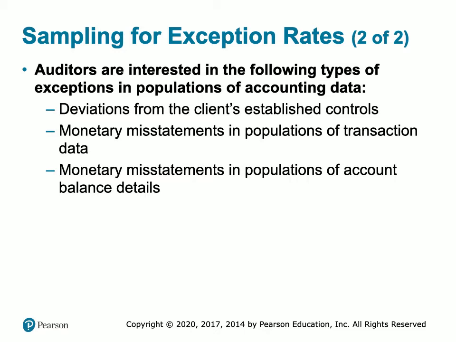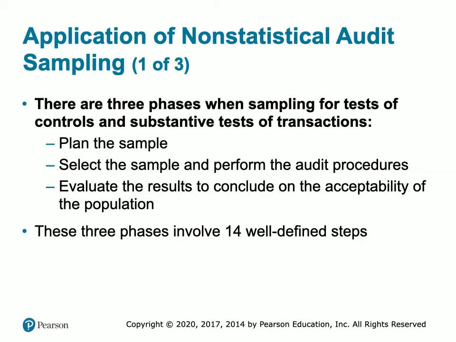And similarly, monetary misstatements in transaction accounts and then monetary misstatements in account balance details are the things that you're going to be testing for from an exception standpoint, and those will give you rates of error, right?